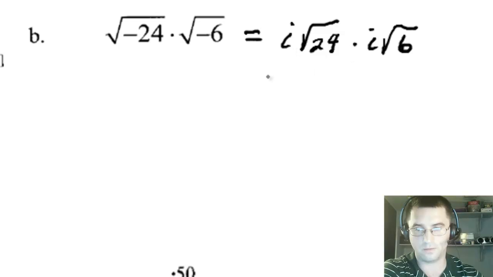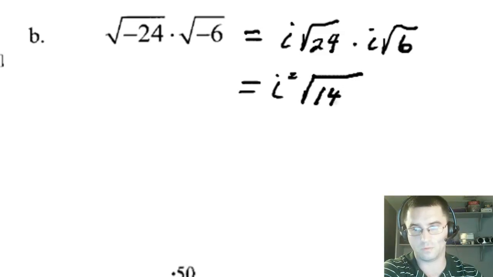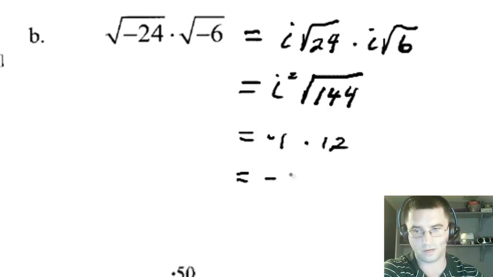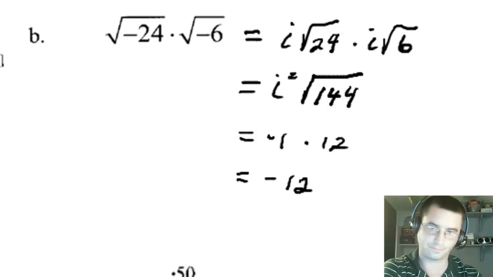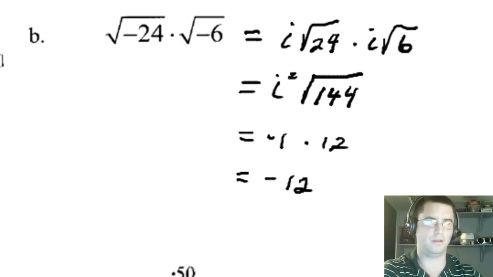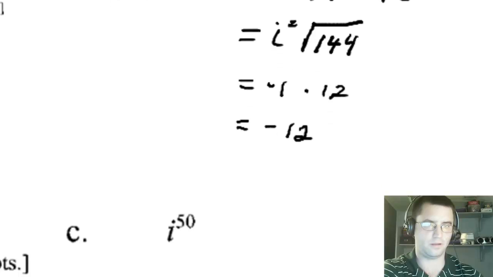The two i's I'm going to put as i squared, and then the square root of 24 times 6, and I think, yes, that is 144. And then I know this is negative 1, this is 12, so my answer is negative 12. Alright, not so bad. Let's go down to the next one.